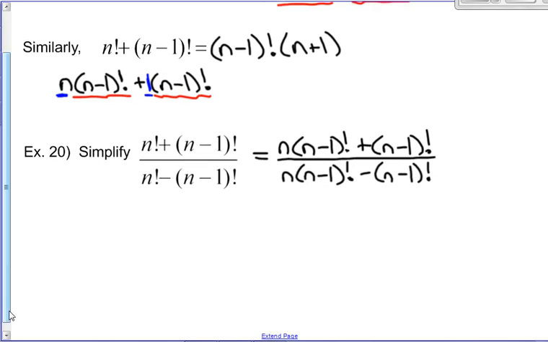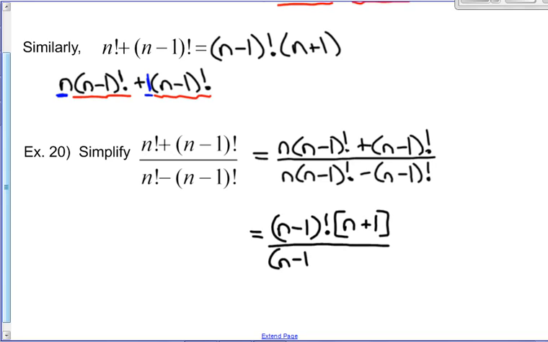So on both top and bottom, you have n minus 1 factorial as a common factor. What does it leave us with? On top, it would be n plus 1. On the bottom, it would leave us with n minus 1.